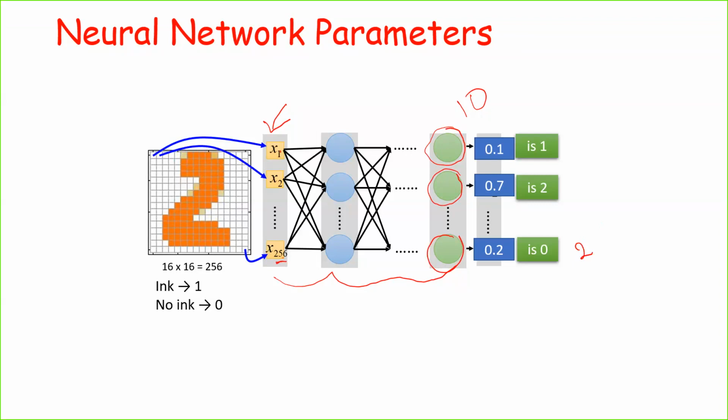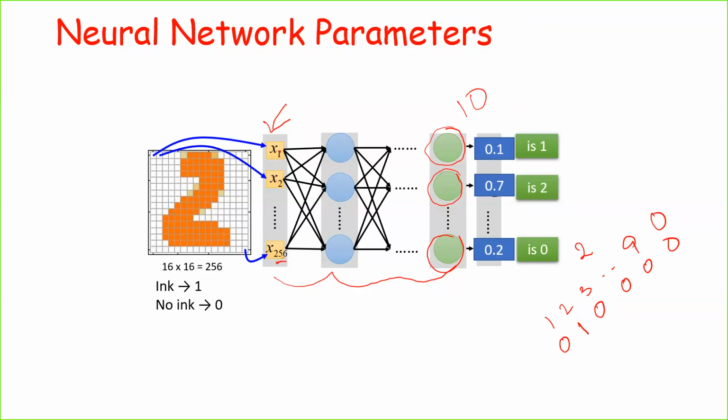This is 1 and the rest of the digits must be 0. It means the probability of this instance belonging to 2 must be 1, and for the rest it is 0. Am I right?